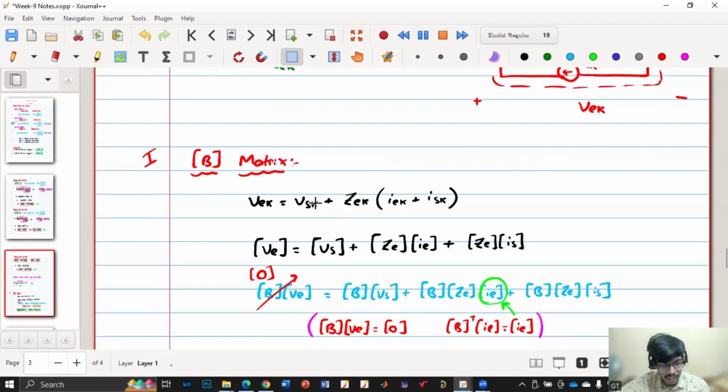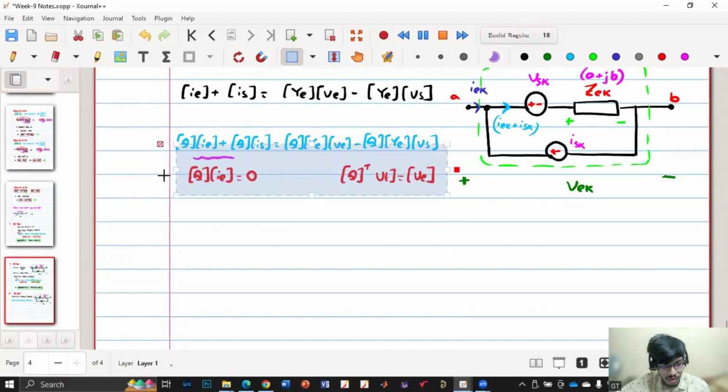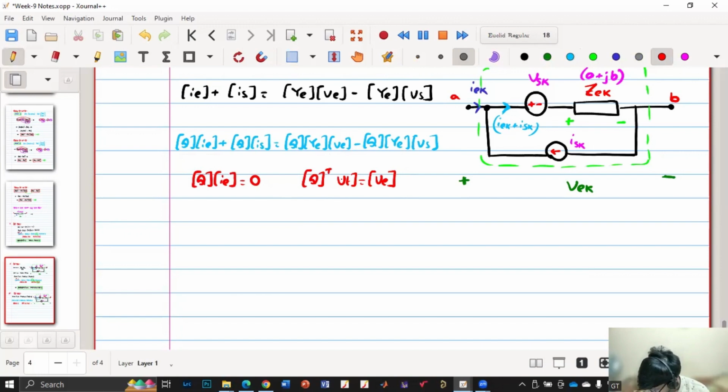So Q into IE is also 0 and Q transpose into VT is equal to VE. So first of all, this is 0 and next, we have to substitute VE here. Then what is the equation that we'll be getting?